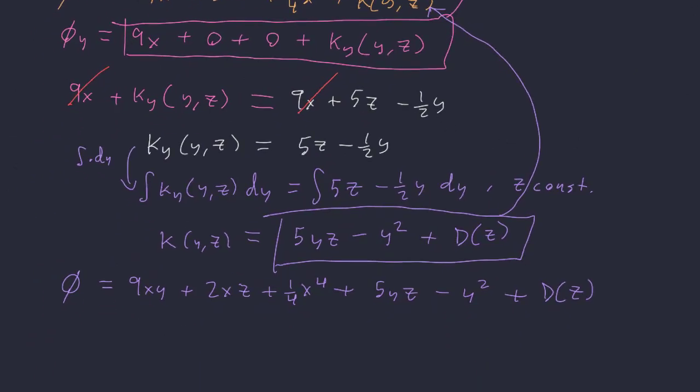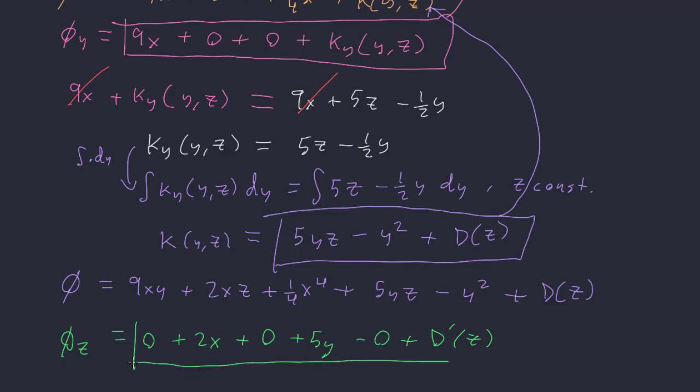Okay, so now we'll take the derivative with respect to z. Well, with respect to z, the 9xy goes to 0. 2xz becomes 2x. The plus 1/4 x to the 4th becomes plus 0. The plus 5yz becomes plus 5y. The minus y squared becomes 0. And the d of z becomes d prime of z.